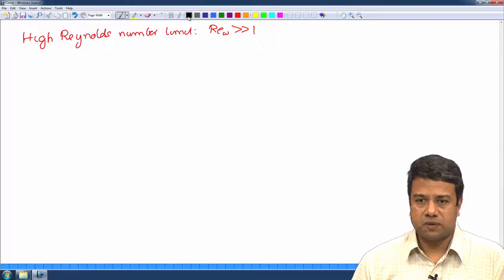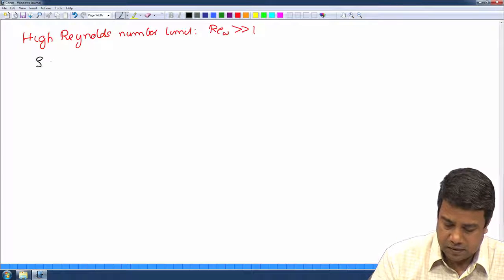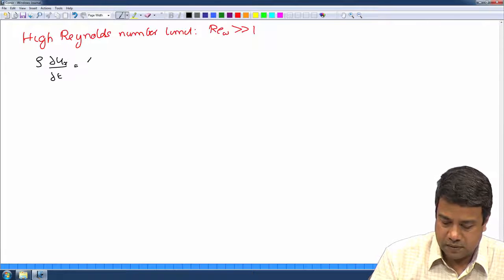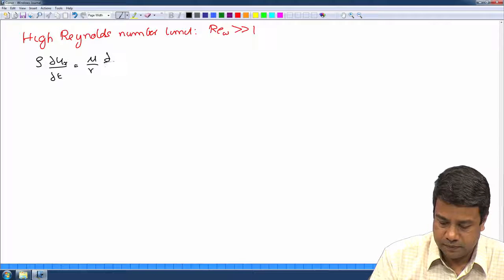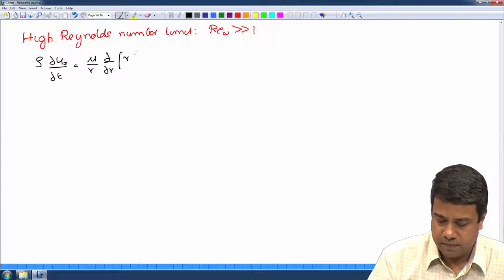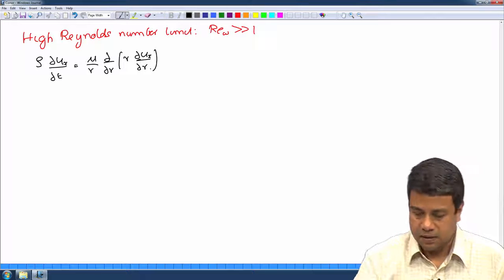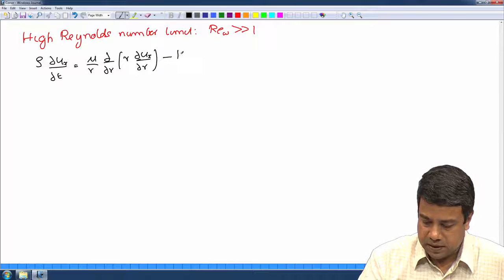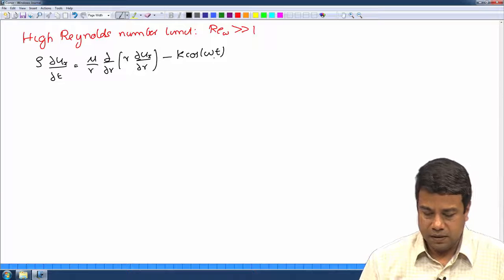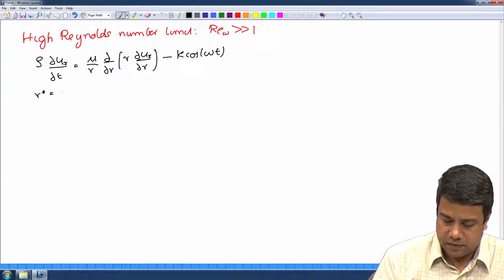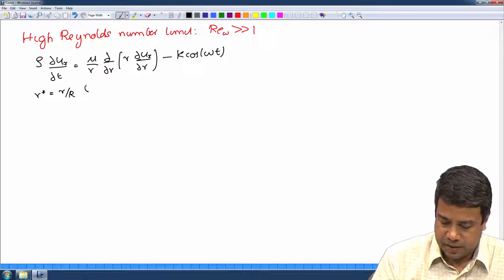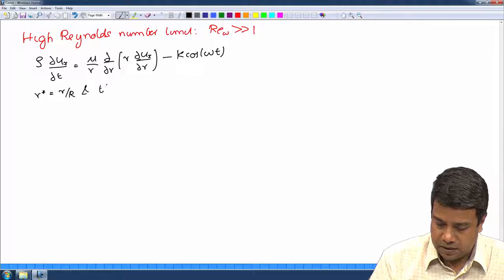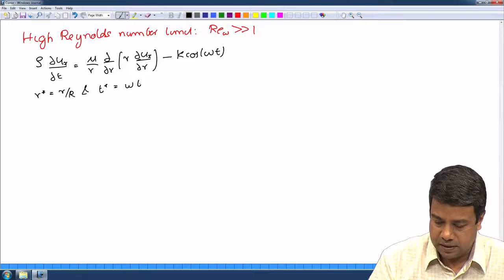Let us go back to the original equation. Rho times dux by dt is equal to mu times the radial derivative term, minus k cos of omega t. We had scaled r star equal to r by R and t star equal to omega t.